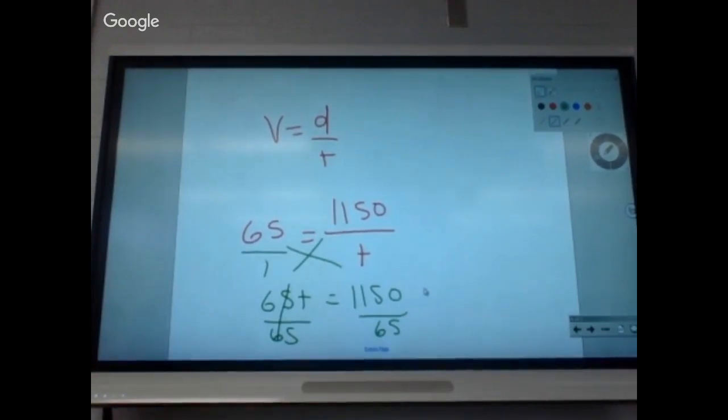We drew the graphs for 23 several times today. For 22, you have to calculate two speeds. One is 5, one is 10, and you subtract 10 minus 5 and get 5. Number 23: A, 4 meters per second. B, 3.75 meters per second. And C, 3.75 meters per second.